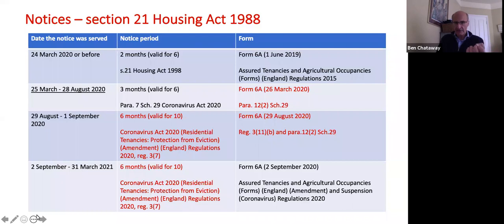And then from September, the rules were varied again to say there should be a 6-month period for notices. The bits in red are bits that we're going to be looking at in more detail, because they are areas where there's a bit of a doubt about the validity of the form that's being used and also about the period of the notice.